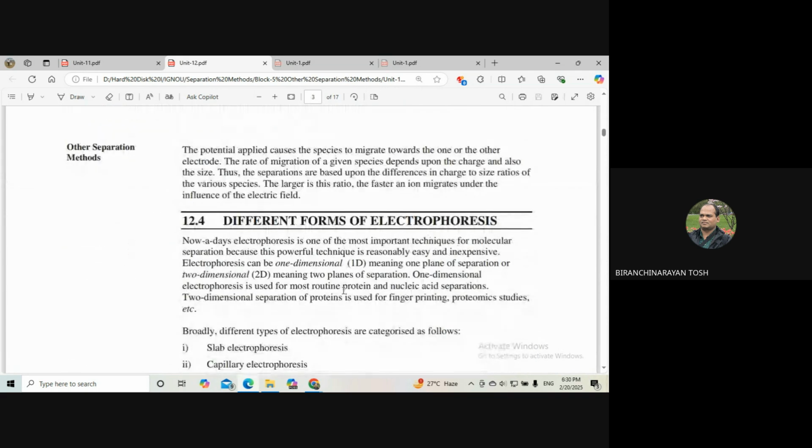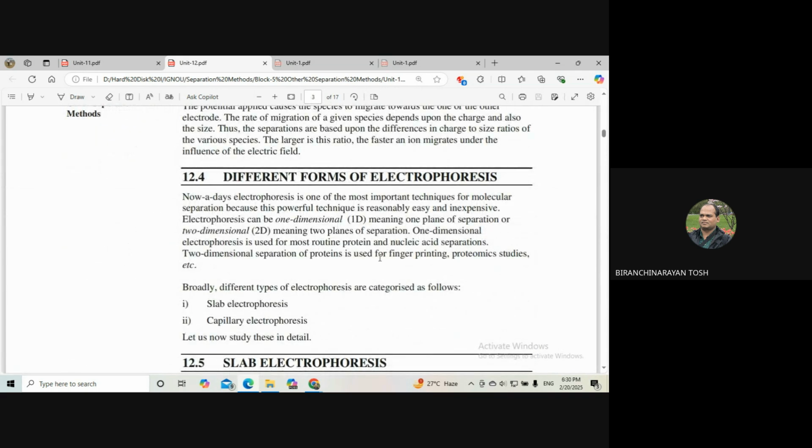Then what are the different forms of electrophoresis? Electrophoresis can be one-dimensional, meaning one plane of separation, or two-dimensional, meaning two planes of separation.